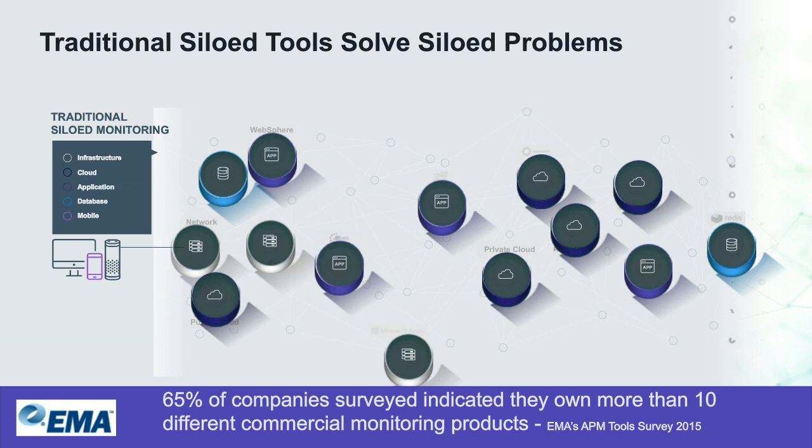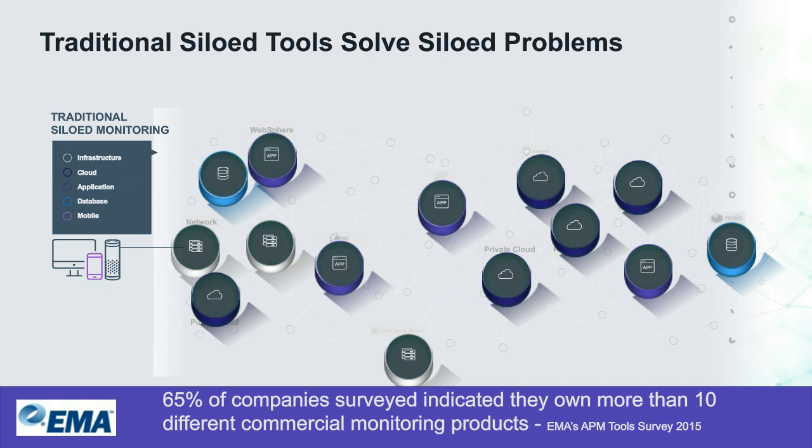If an infrastructure performance monitoring tool says there's a problem with CPU, well, is it really a problem unless it starts to impact your IT services and also the user? And we did a study back in 2015 with EMA, and what we found was that 65% of companies surveyed indicated they own 10 or more different commercial monitoring products.